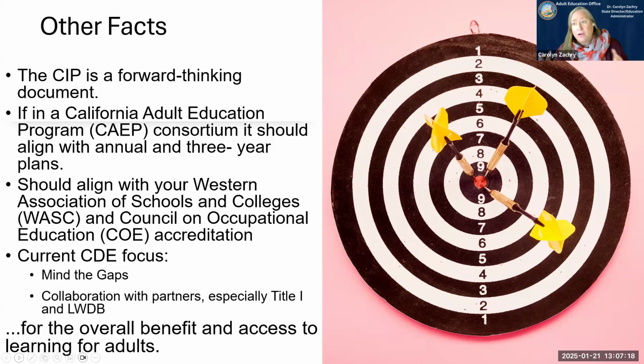And certainly with CAPE 3-year planning right now, this is a great opportunity as a consortium to be looking at your data as a consortium. And maybe there's several of you within your consortium that have some common areas that you want to work on that are put into your 3-year plan that can also then be in your CIP. Please remember the focus areas.